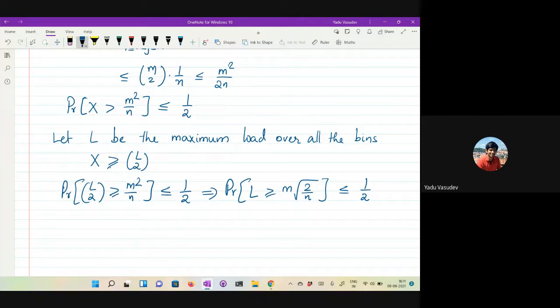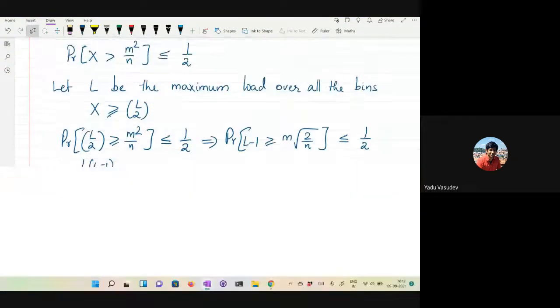Because this is L minus 1 choose 2, maybe not L, but say L minus 1, just to be very precise.